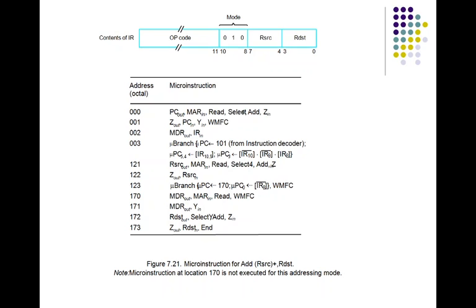Here the microinstructions refer to the control signals R source out, R source in, R dest out and R dest in. These signals must be translated into specific register transfer signals by decoding circuitry connected to the R source and R dest address fields of the IR, that is, the instruction register. So there are two stages of decoding.